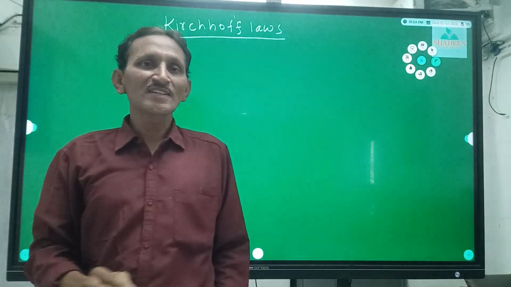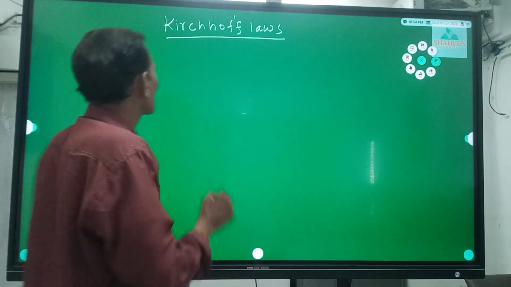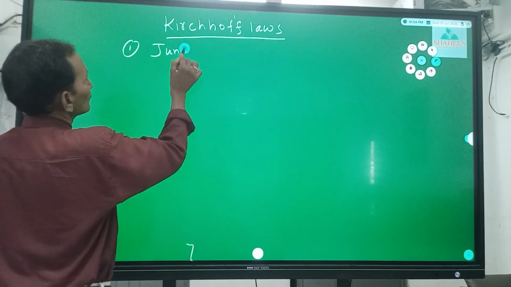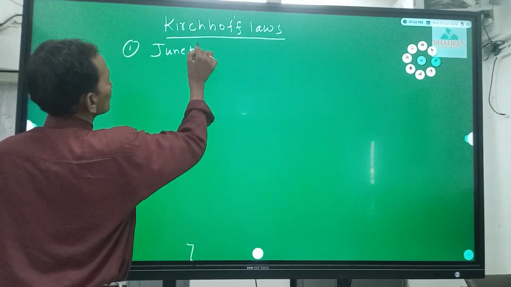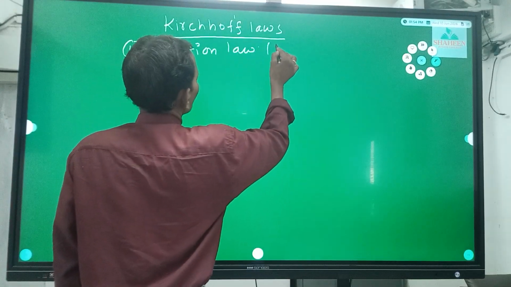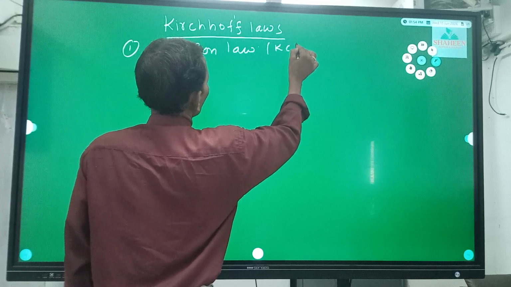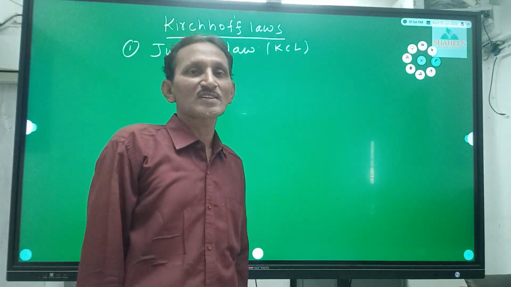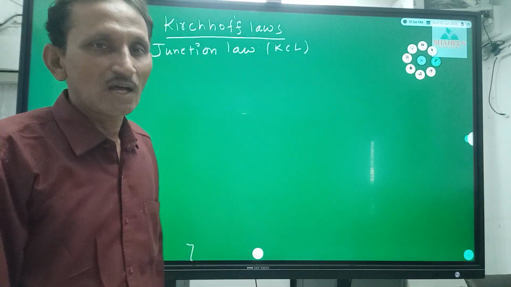The scientist Kirchhoff has given two laws for us. The first one is the junction law. Kirchhoff's current law is also called the junction law.